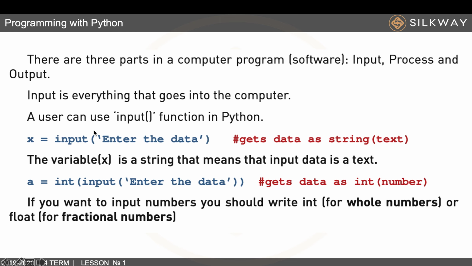To write an input, we use this kind of code. x is a variable name, input something. It can be some data like a text, some string. And if you want to make it a number, you have to add int, meaning integer. I hope you remember this because we also passed this in the previous term. So it can be x equals int input, enter the data.